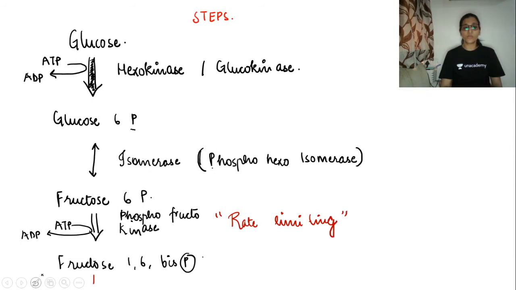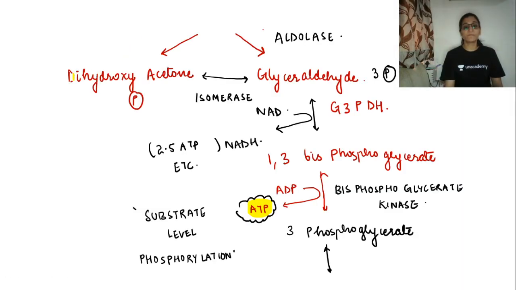So very quickly we'll have a look at the whole steps. Glucose is getting converted into glucose 6-phosphate through an irreversible reaction, and there is expenditure of energy in this. Glucose 6-phosphate will change into fructose 6-phosphate. Third step is irreversible. Then fructose 6-phosphate will give rise to fructose 1,6-bisphosphate, which will give rise to dihydroxyacetone phosphate and glyceraldehyde 3-phosphate.